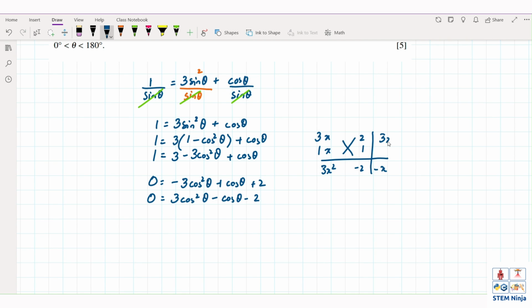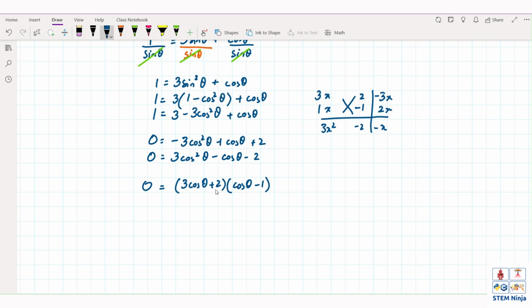So 3x, 2x. The only way we can get a negative x is when 3 is negative. So we have this. And this makes sense because positive times negative is a negative product. So we have (3 cos theta + 2)(cos theta - 1) equal to 0.